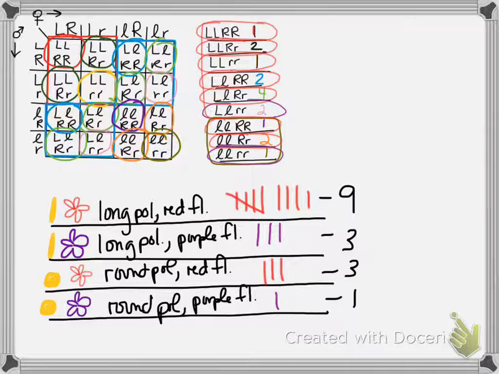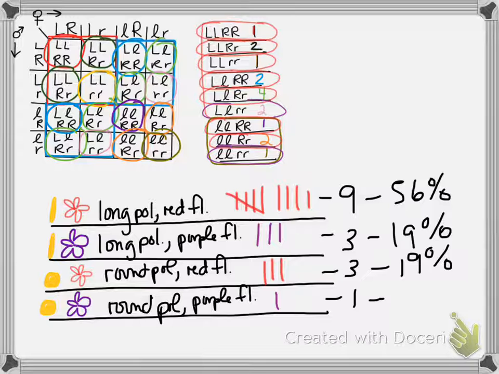So 9 divided by 16 gives us 56%. And I'm rounding. These numbers are a little sloppy. 3 divided by 16 gives us 19%. So we get that for both of those. What about that poor lonely recessive individual? There's one in every family. Actually, 6% of this species we would expect to show both recessive characteristics.